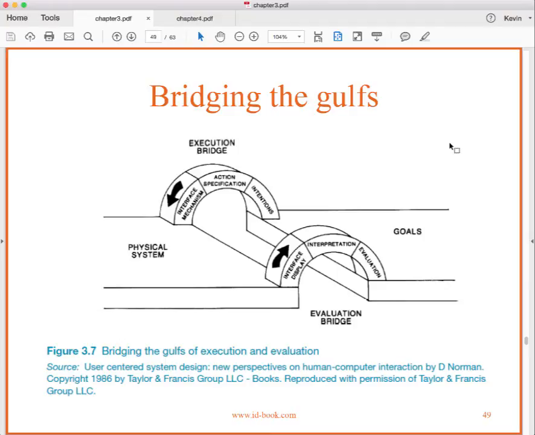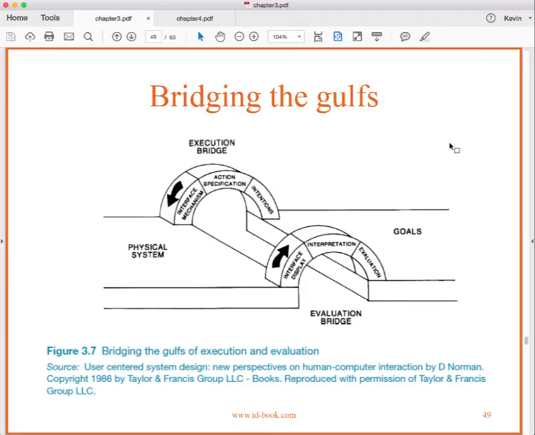But there's double opportunity for this to break down. Okay? So this can break down in the user coming to understand your system, or the user coming to understand how to affect your system. Okay?